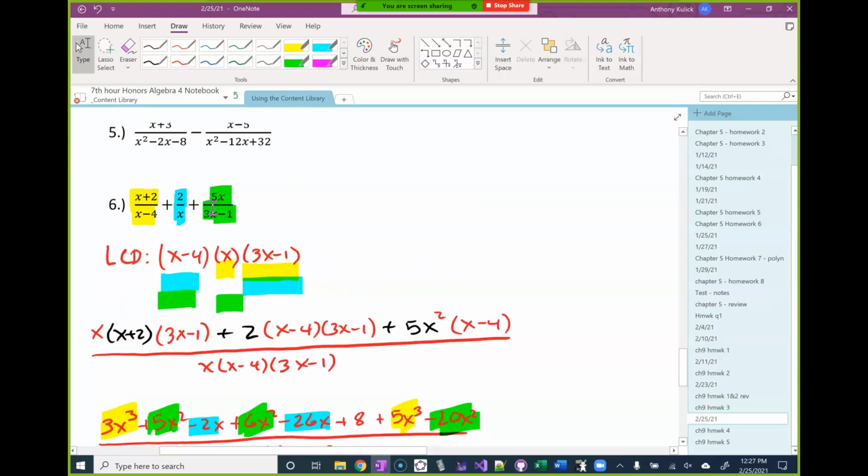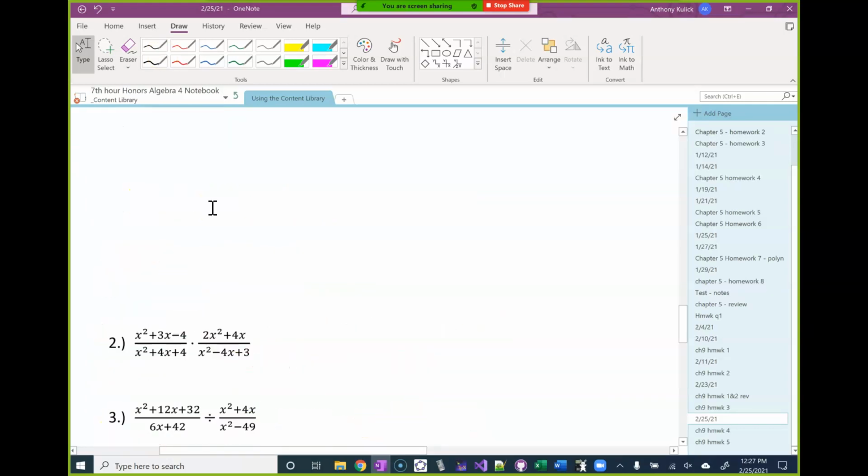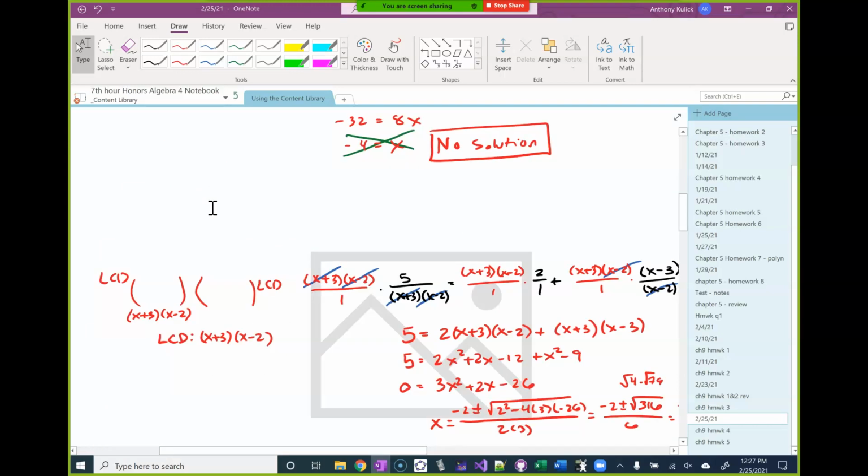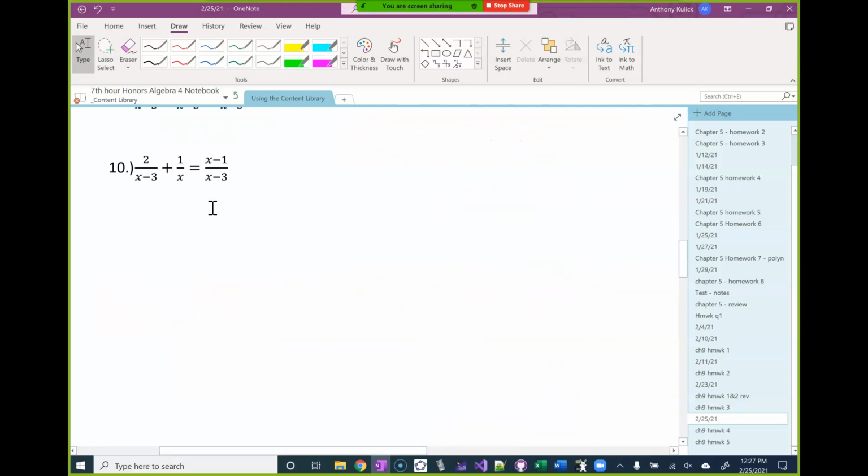Sure. The least common denominator is going to be x times x minus 3. So I multiply both sides of this by that least common denominator.